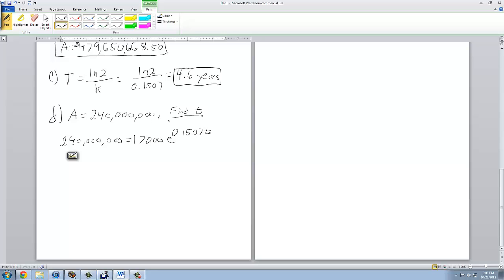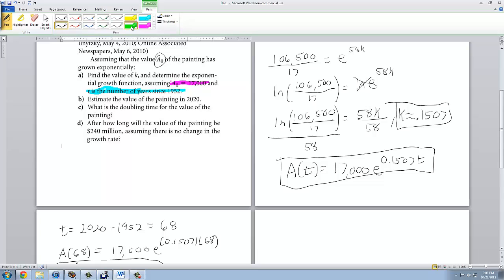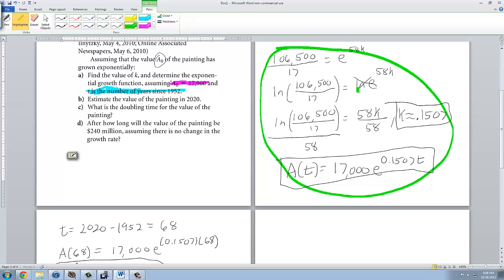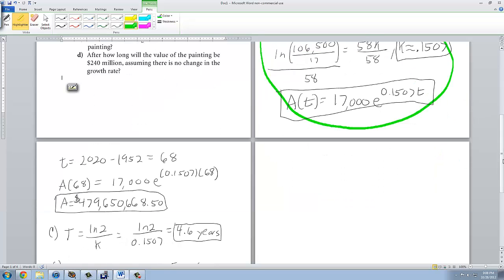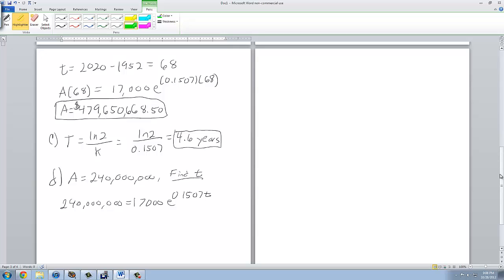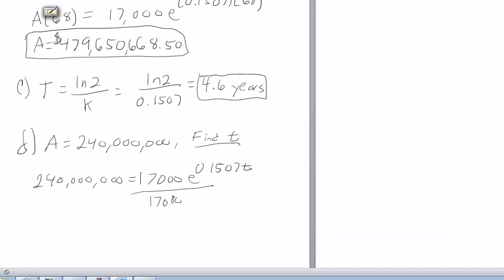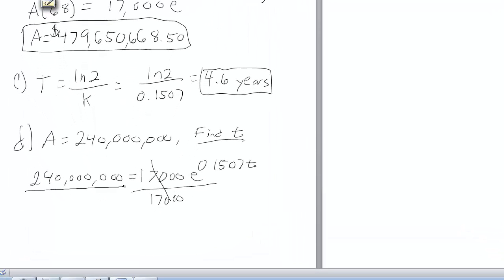t. Well, we solve this problem just like we solved the one up here. We do the exact same way. We first divide out by 17,000 to cancel that off, and then we solve for t.